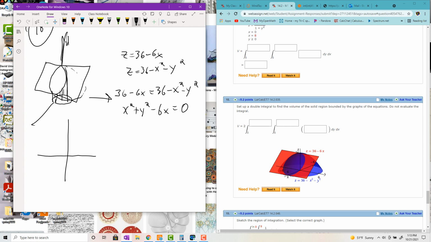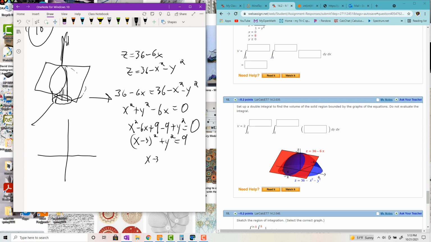So in the xy plane, let's complete the square. I have x squared minus 6x plus negative 6 over 2, which is 3 squared, is 9, minus 9 plus y squared equals 0. So I get x minus 3 squared plus y squared is equal to 9.